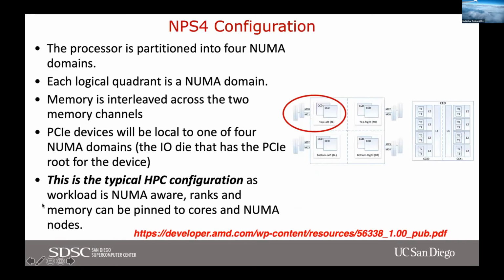The memory is interleaved on the 2 memory channels, and the PCIe devices will be local to one of the 4 NUMA domains. And this is a typical HPC configuration, as most of our workload is NUMA aware, and we can pin tasks appropriately and make use of the setup in an efficient way.